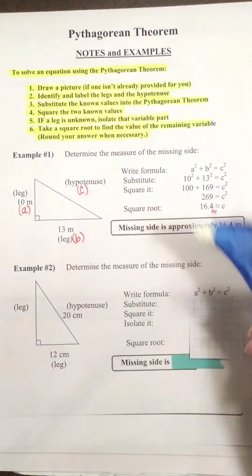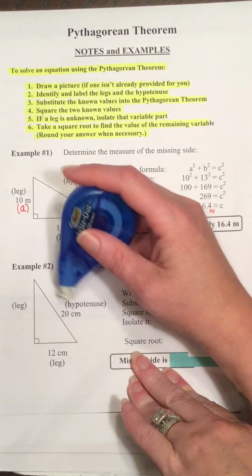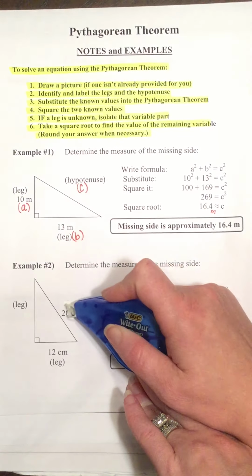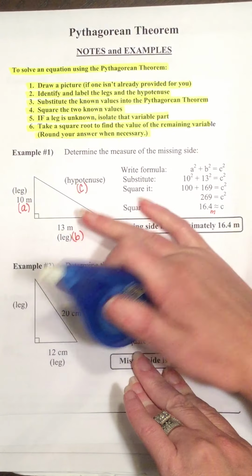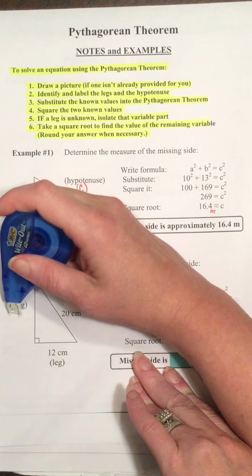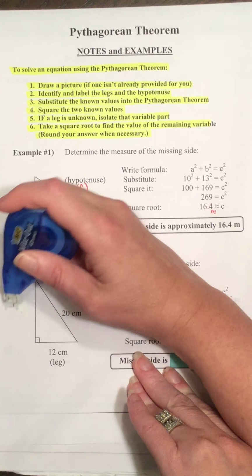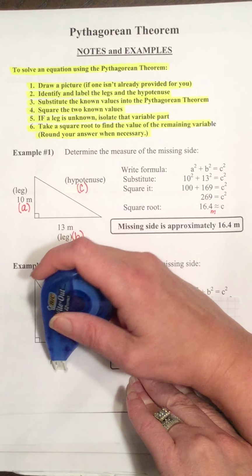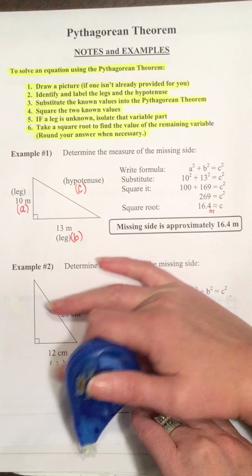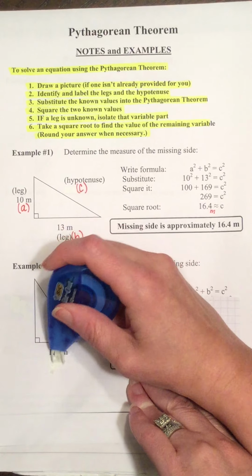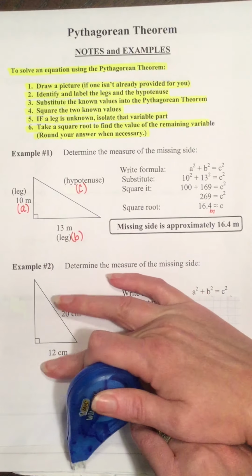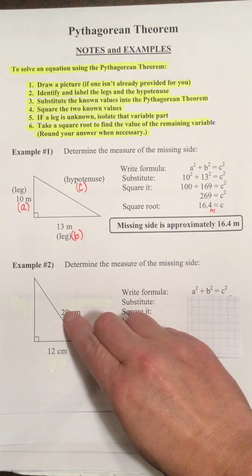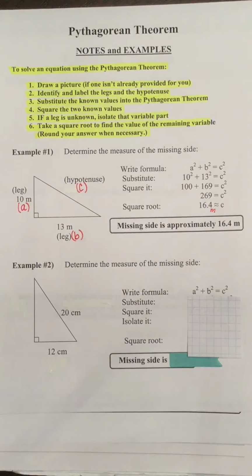In fact, I'm going to go ahead and just remove that altogether here, because I don't want people to get used to that being there, because it's not going to be there when you do your work. When you have your assignments, it's not going to say leg and hypotenuse. You're going to have to know.